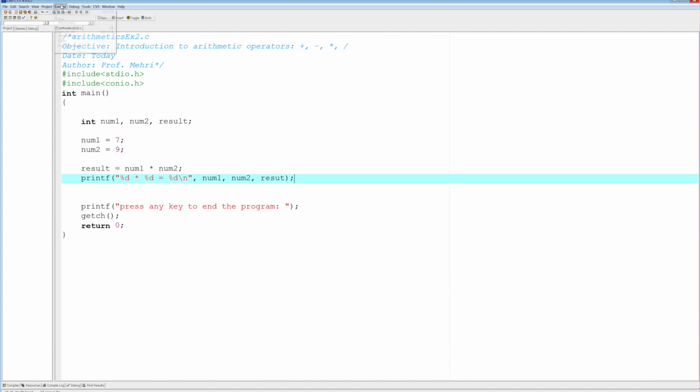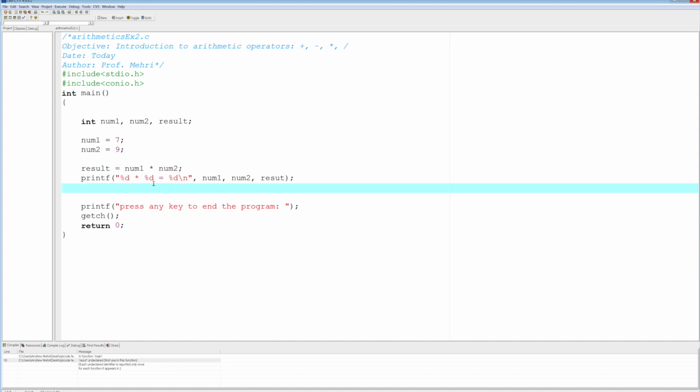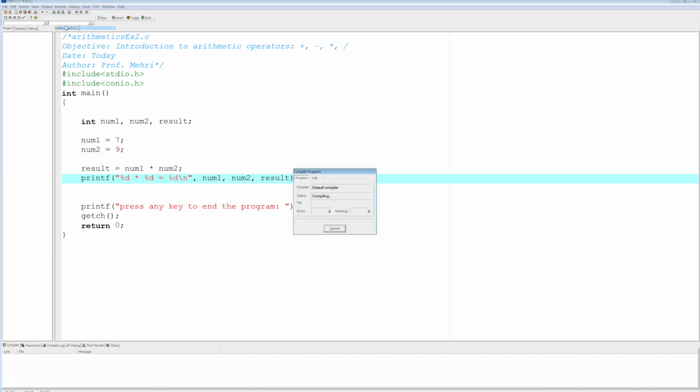So let's compile and run. Oops, compile and run. And let's see where we're getting an error. And it says result. Did I spell it the same way? Ah, right there. Result. Forgot an L. Right. So good. So let's compile and run.